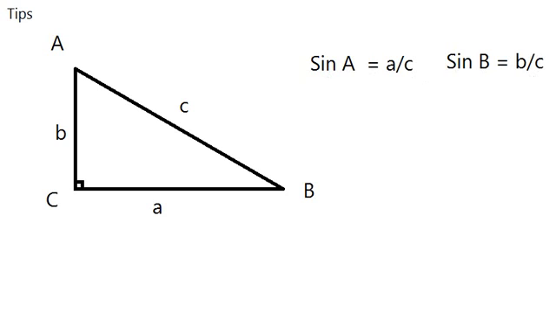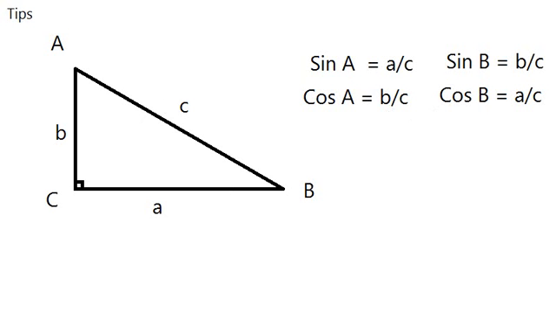And for cosine, it's just the other thing, or other than C. C stays the same for both of those, and the top part of the fraction switches into the other side. So that is another thing that you can do.